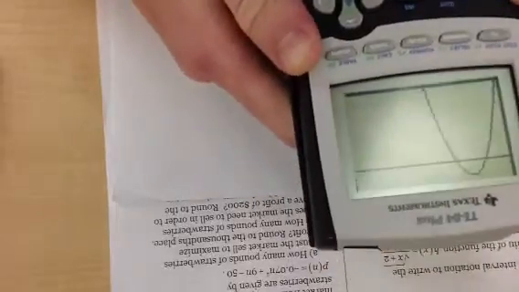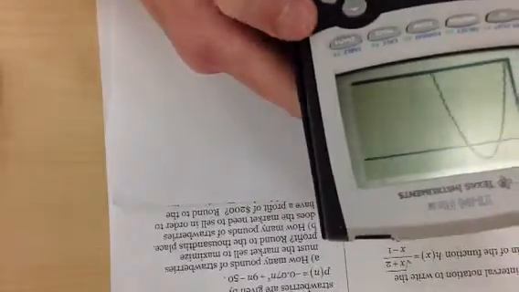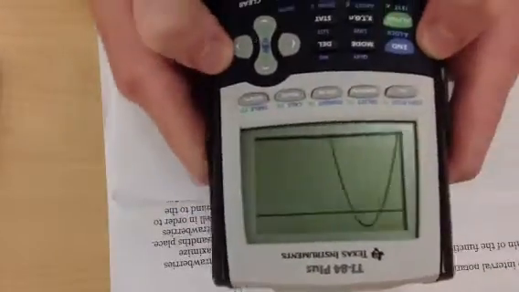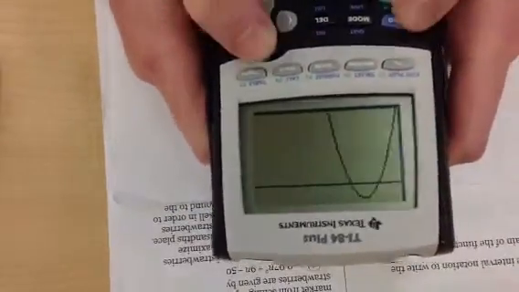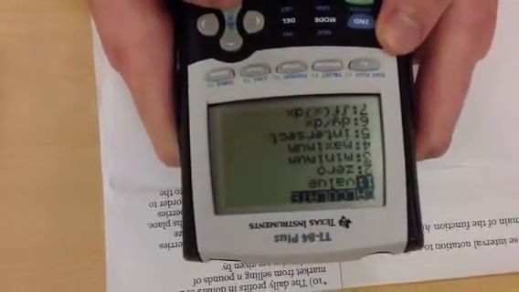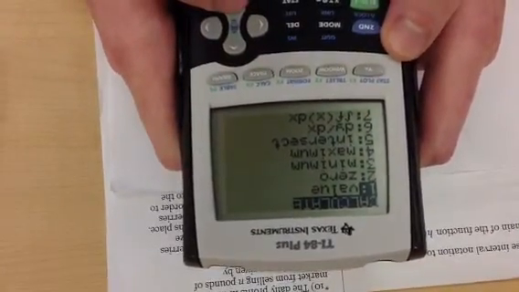For this, we're going to have 2 answers in order to find out how many pounds of strawberries we have to sell to make a profit of 200. So we're going to hit second calc, and then go to the 5, which is intersect.